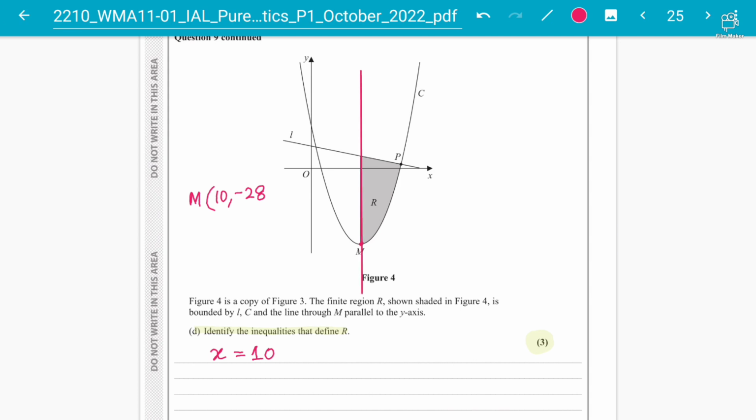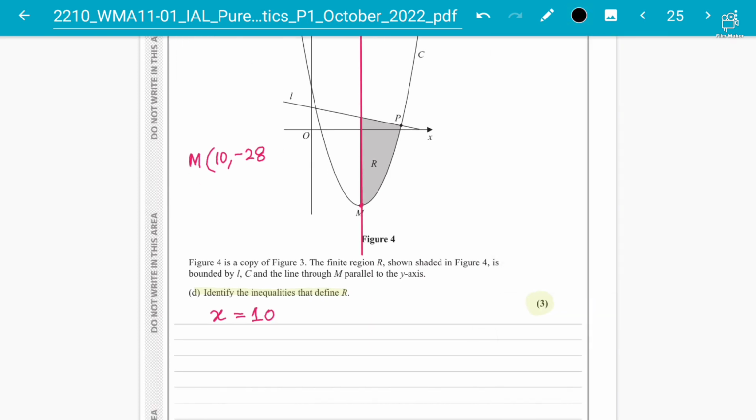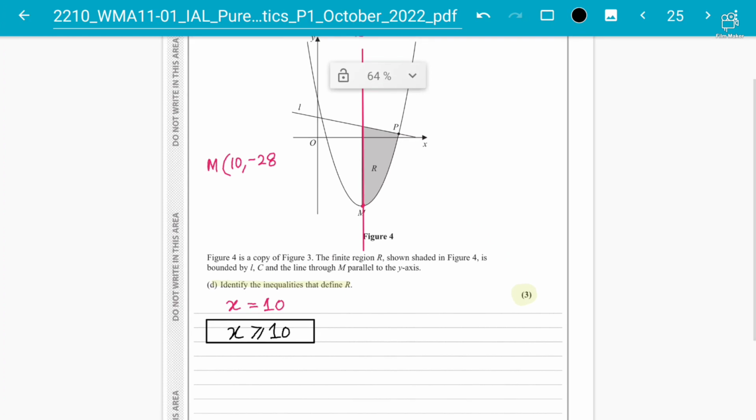So x equals 10 is the equation of the line. Everyone got this? It's going to be an inequality because it's the greater part. So the first answer will be x is greater than or equal to 10 because it's the complete bold line. It's already shaded. So x is greater than or equal to 10. That is going to be one answer, okay, students, x is greater than or equal to 10.